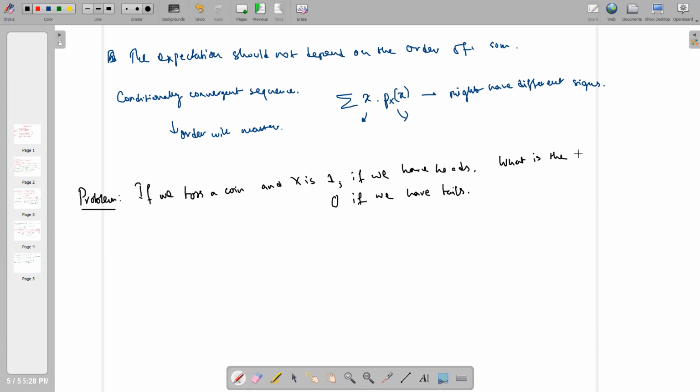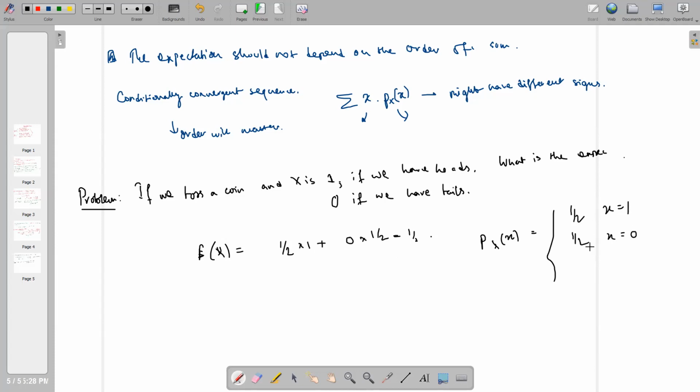Sure, half. Yes, it's fine. And if you want me to write this down, the PMF would be half at x equals 1, half at x equals 0, and 0 at all other values.